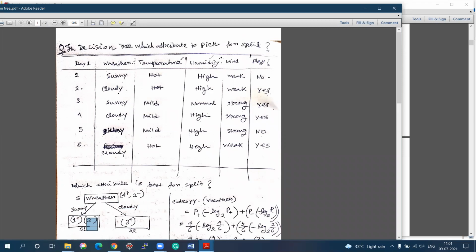Let's say sunny is here and the entry is no, that means 1 negative value. For another sunny, the value is yes, that means 1 positive value. For another sunny, we are getting no, that means another negative class.